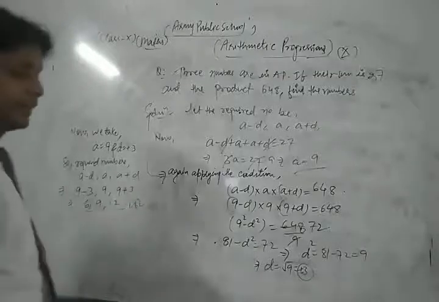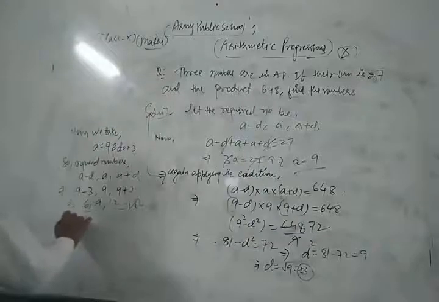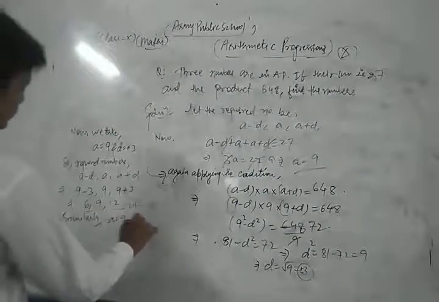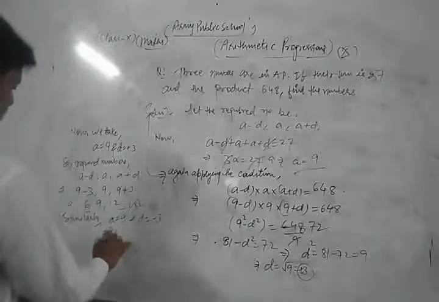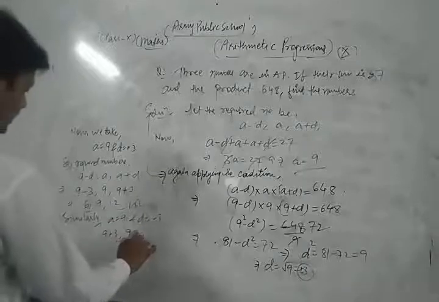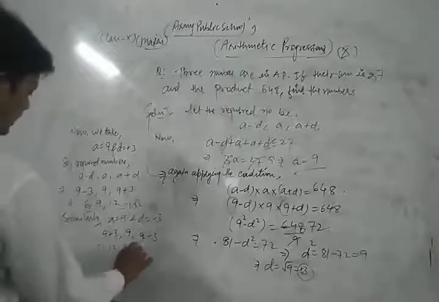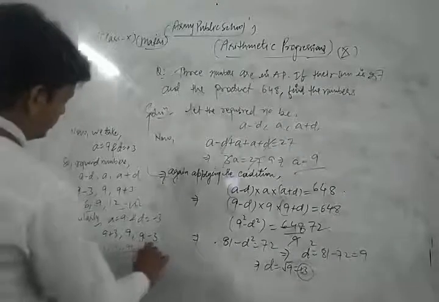Similarly, if you take a is equal to 9 and d is equal to minus 3, then again you find three numbers: 9 plus 3, 9 and 9 minus 3, that is 12, 9 and 6. Okay, so this is the required solution.